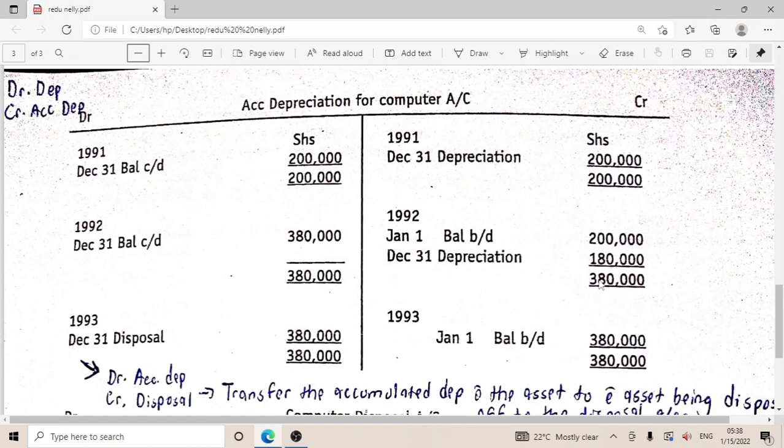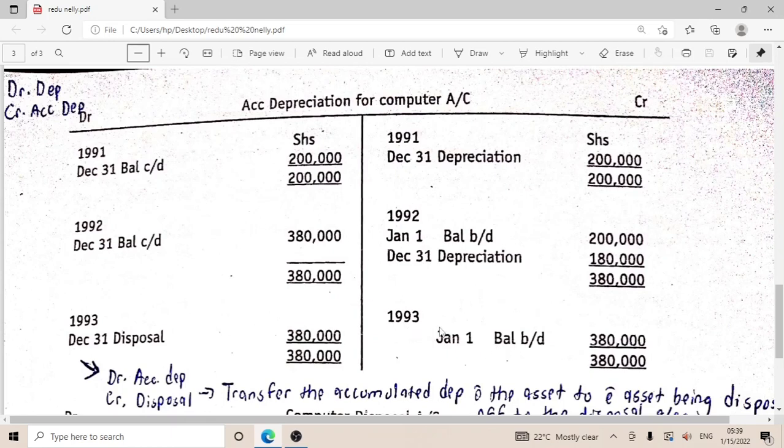So it's this 380,000 you balance off with this side, and then on the debit side you will say 1992 December 31st, balance carried down will be 300,000, so that the two sides can balance off. I told you it will just cross over and go on the credit side of the next year as an opening balance.